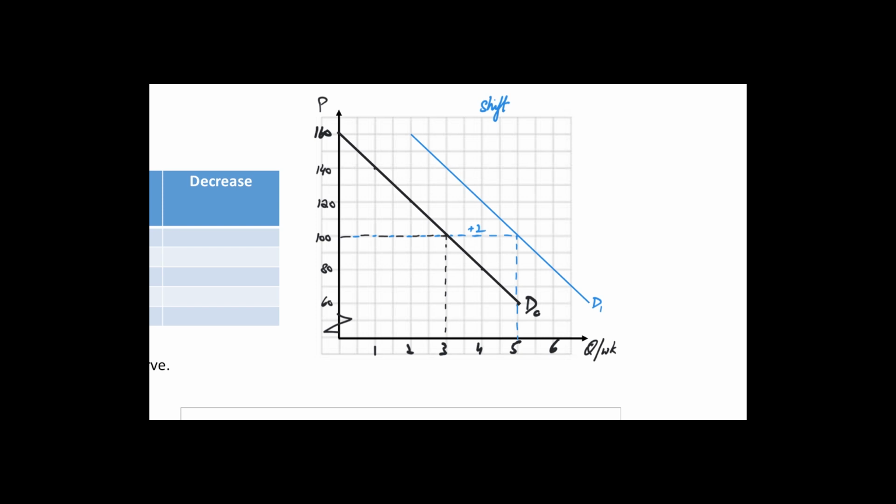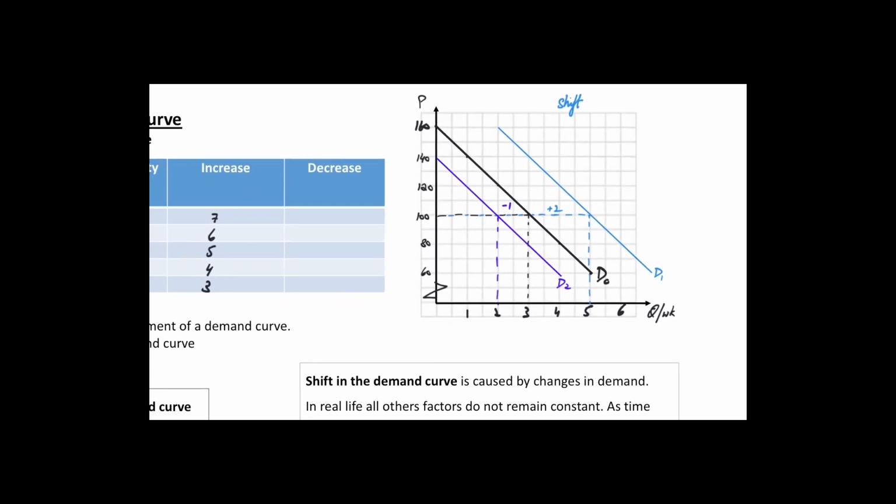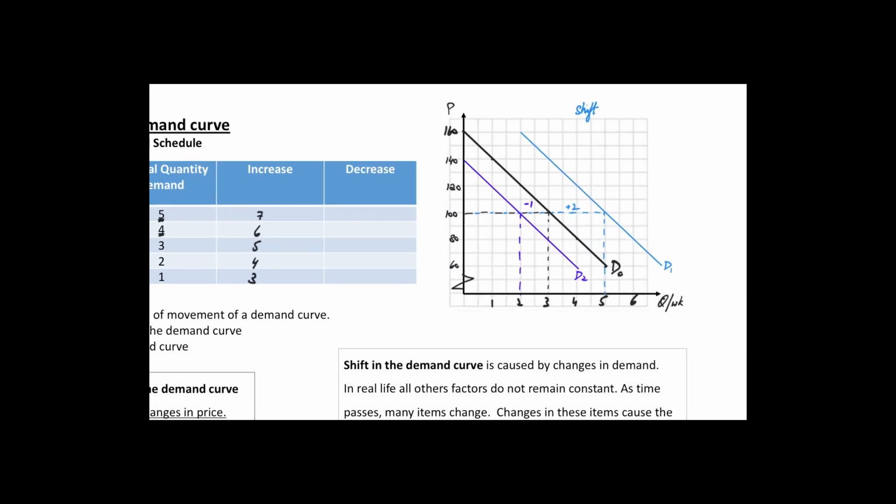For example, let's say my demand curve has shifted like this. I'll call it D2. I'll do the same thing. At the price of 100, originally I was buying 3. Now at the price of 100, for some reason, I am just buying 2. So there has been a decrease by 1 unit. And so my numbers are going to change accordingly.